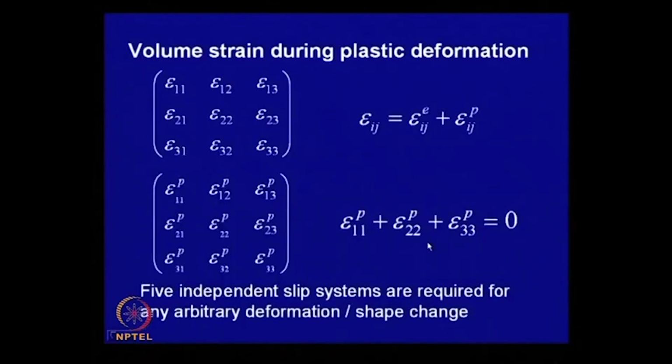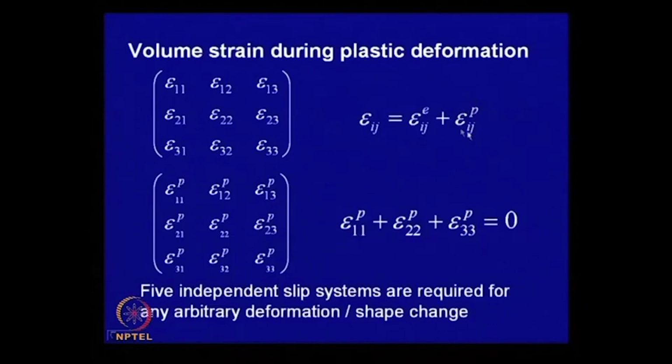Now, a quick look at the state of stress, because we have just looked at stresses and strains. They are much more conveniently represented in the form of a matrix like epsilon 11, 12, 13. So, this represents a state of strain at a particular point. Now, the strain can have 2 components, elastic, which is recoverable, and plastic.